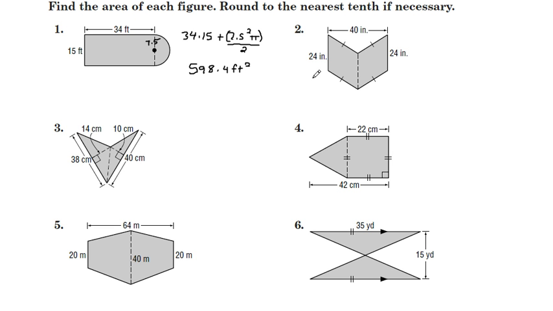Okay, in number 2 we have what seems to be two parallelograms. Both of them are the same. In fact, if we folded along this dotted line, they'd be matched up perfectly.